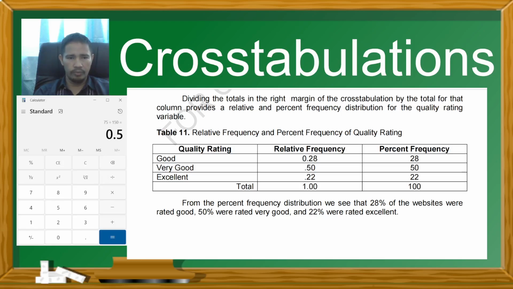And the last one, 33 divided by 150 equals 0.22. If you add up the relative frequencies, 0.22 plus 0.5 plus 0.28, that would be equal to 1.00.